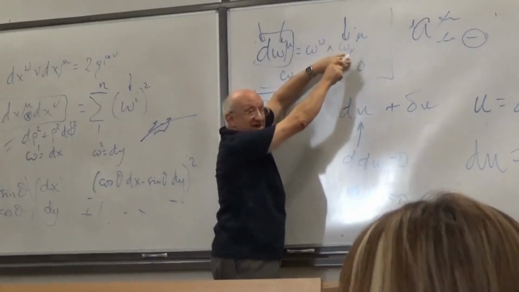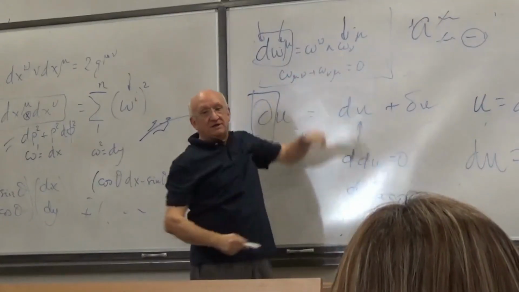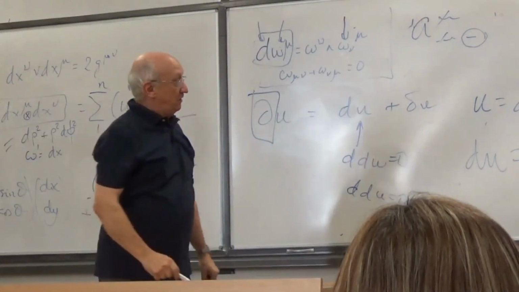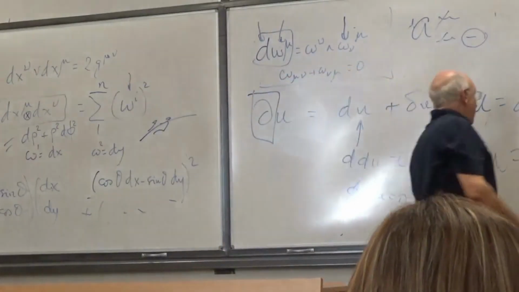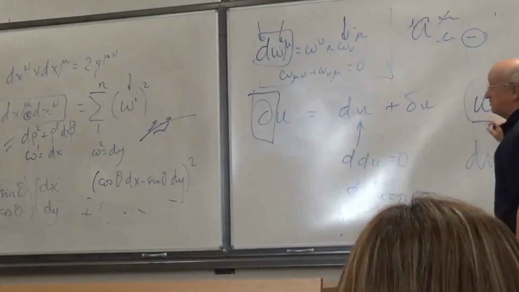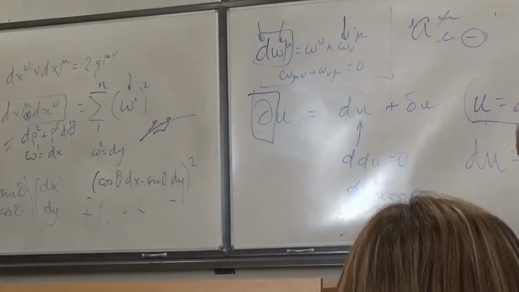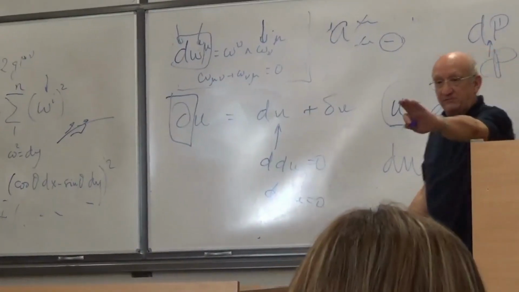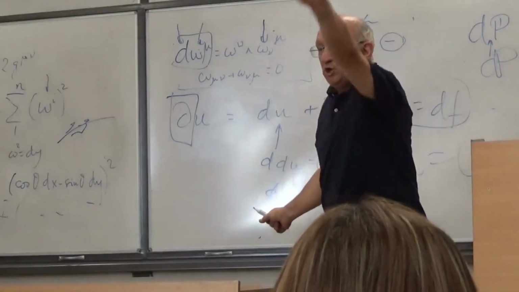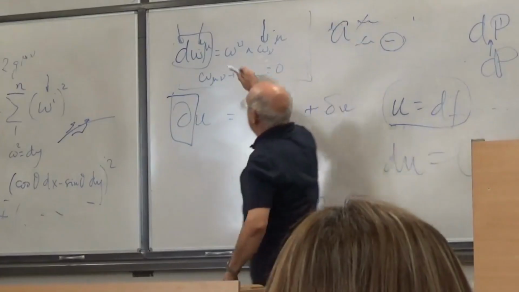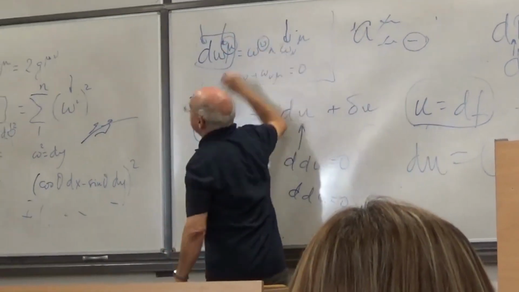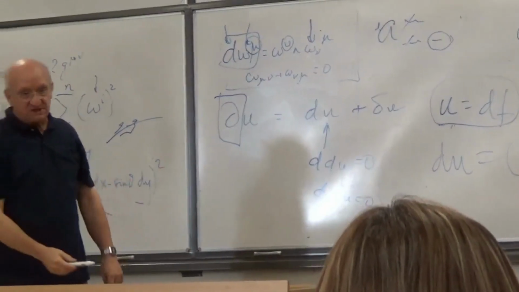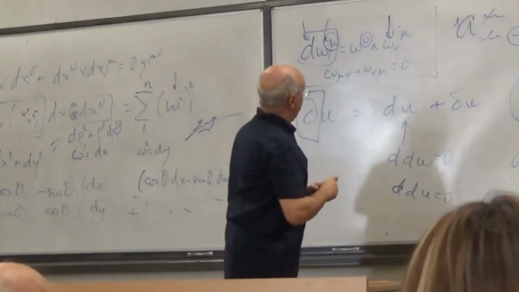I differentiate them. But if omega mu is a differential function, what does it mean? If it is a differential function, what you learn in school, and you know it from your dream, if you differentiate it again, that's zero. Forget about Christoffel. For the time being, you don't have Christoffel until you have something like this. Christoffel has three series of indices and so on. So then you continue.